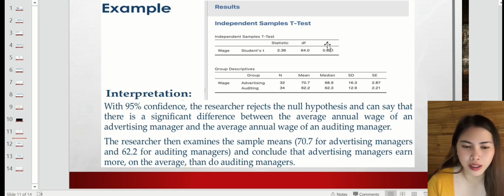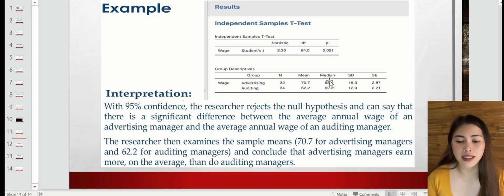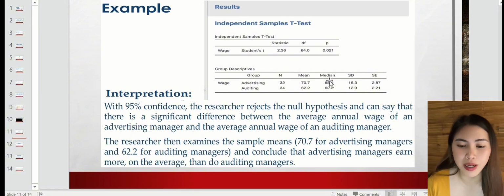So here the p-value is 0.025, which is less than the alpha value of 0.05. Which means that we reject the null hypothesis and conclude with 95% confidence that the researcher can say there is a significant difference between the average annual wage of the advertising manager and the average annual wage of the auditing manager.